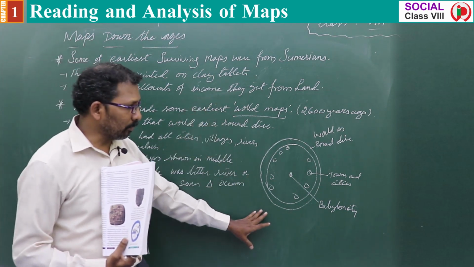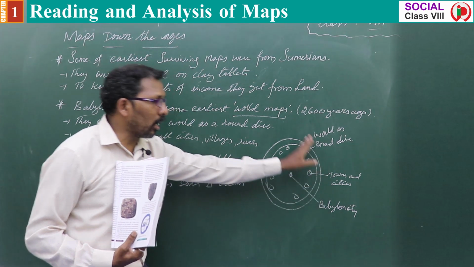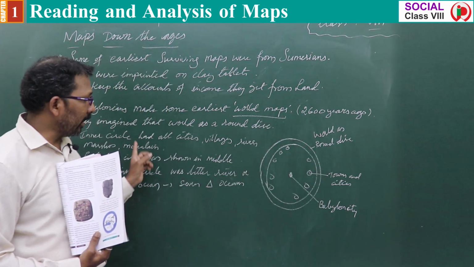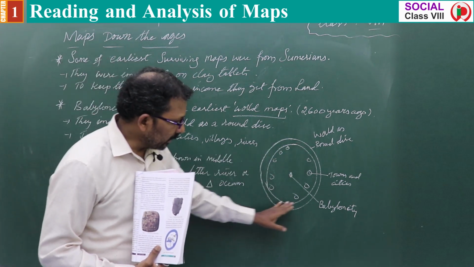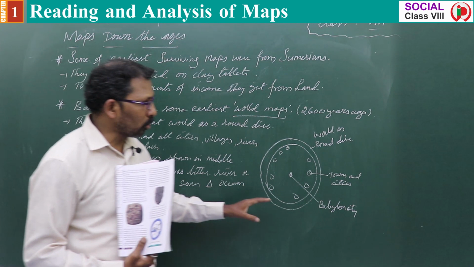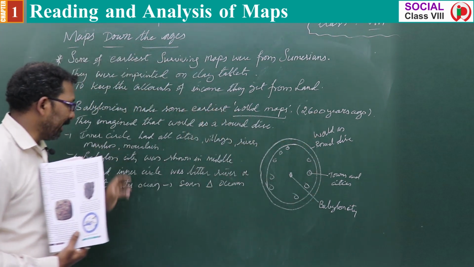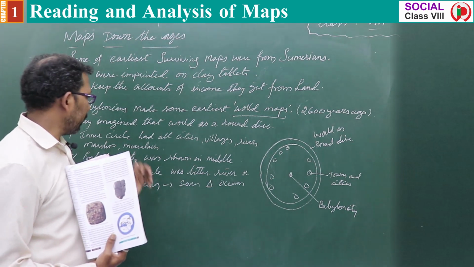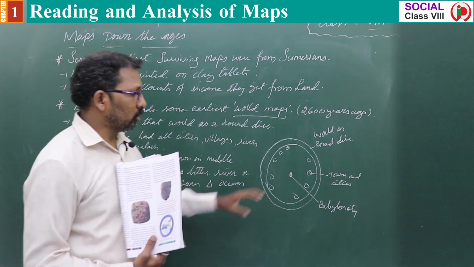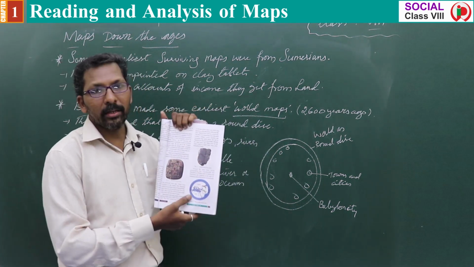And in this world map, they have shown the world as a round disc, and in this round disc, the small inner circles have been shown as towns, cities, villages, rivers, mountains, marshes, etc. You can see here, it's not so clear, but still we can understand.